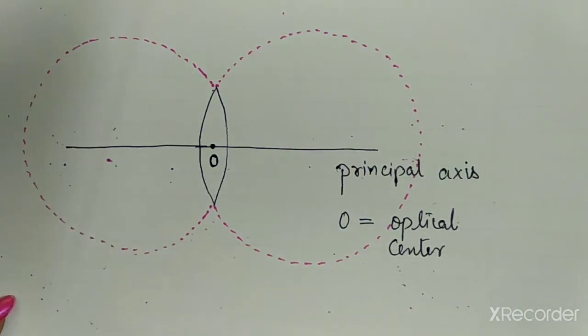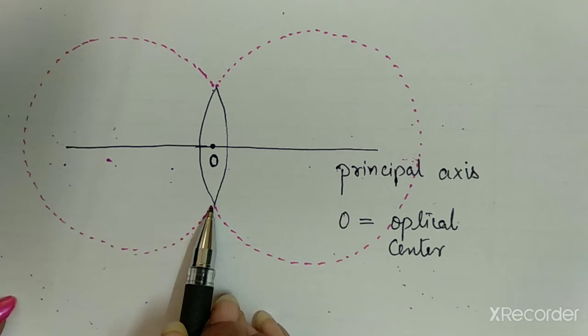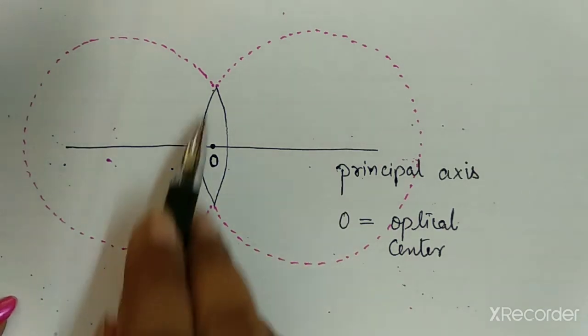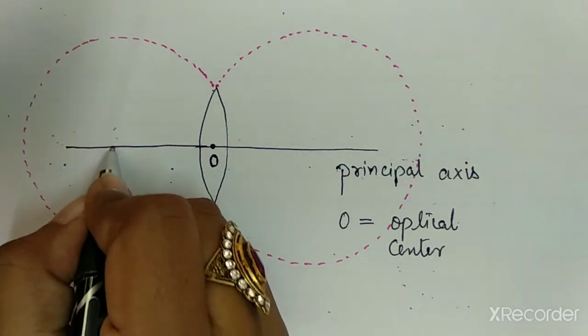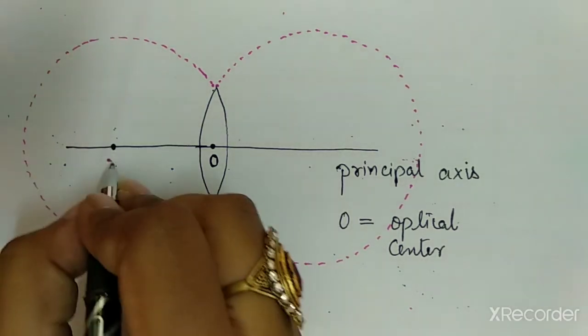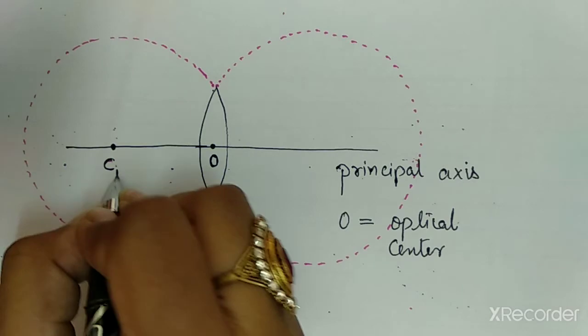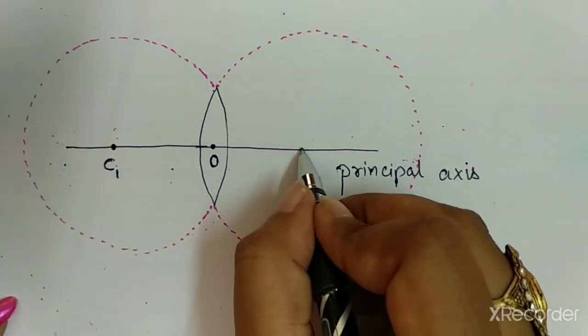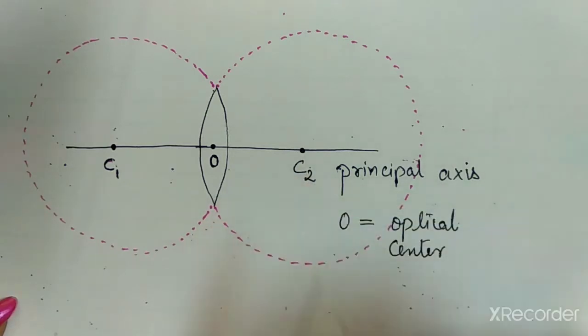In the mirrors, we had only one center of curvature. But in case of a lens, we will have two centers of curvature. Suppose this is the first sphere. The center of the first sphere will be the first center of curvature, and the center of the second sphere, that is this one, will be the second center of curvature.